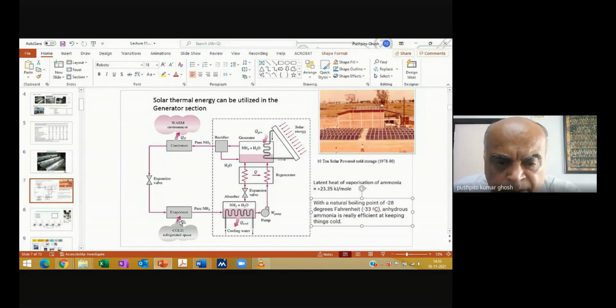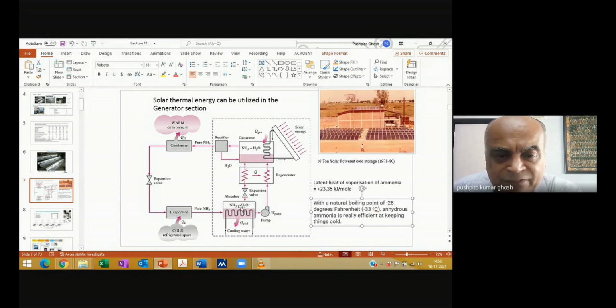The ammonia is taking up the heat from the cold space, so what you do is let go of that heat. You have some kind of cooling water which is circulated, and by lowering the temperature, the more you cool it, the more ammonia will absorb in this setup.